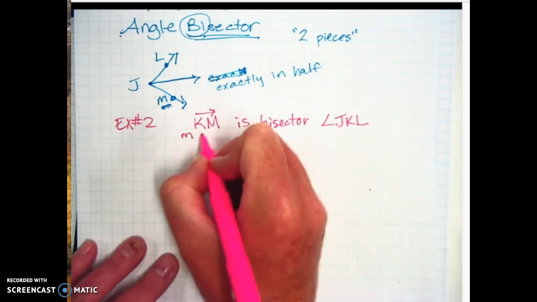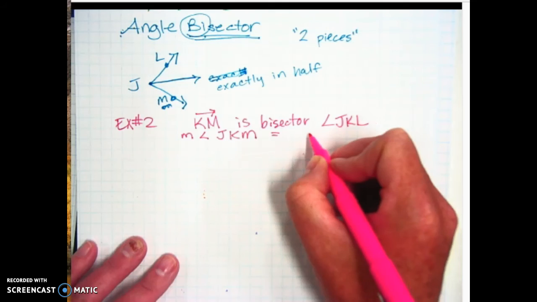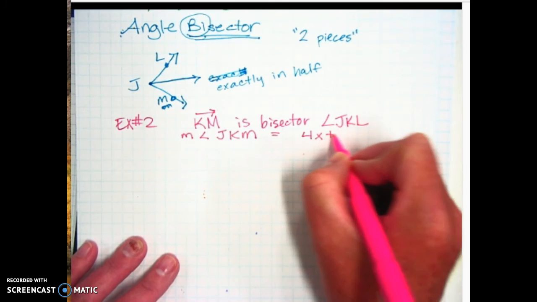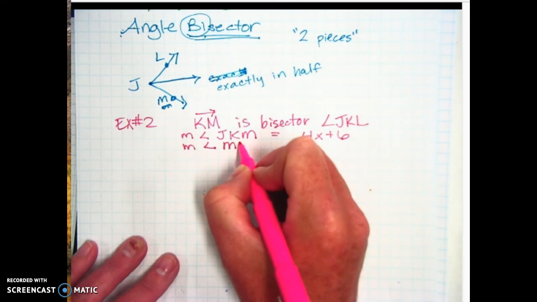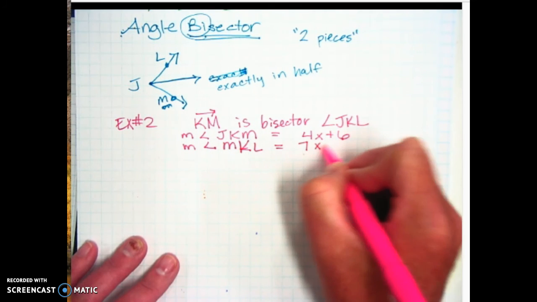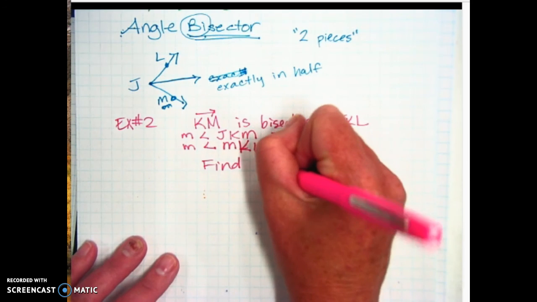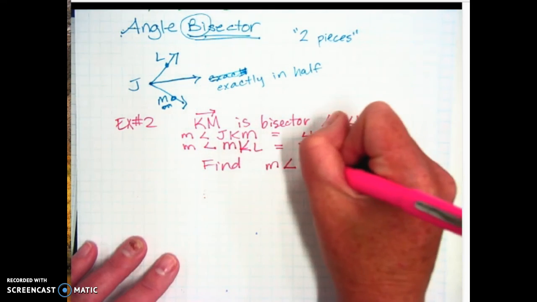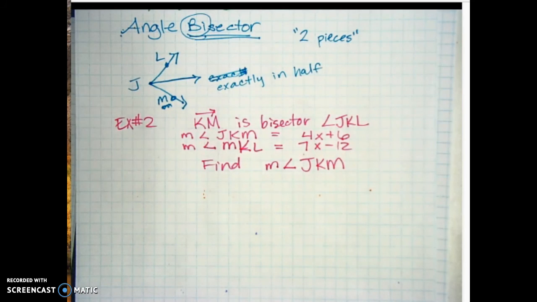So the measure of angle JKM is 4x plus 6, and the measure of angle MKL is 7x minus 12. So we are asked to find the measure of angle JKM. Woo, that looks complicated, right? Looks super complicated. So what's the first thing we should do?